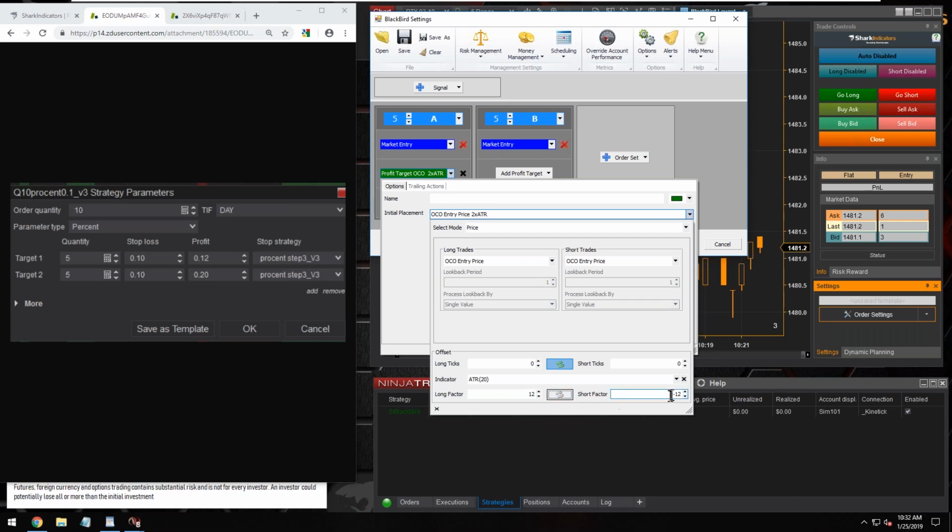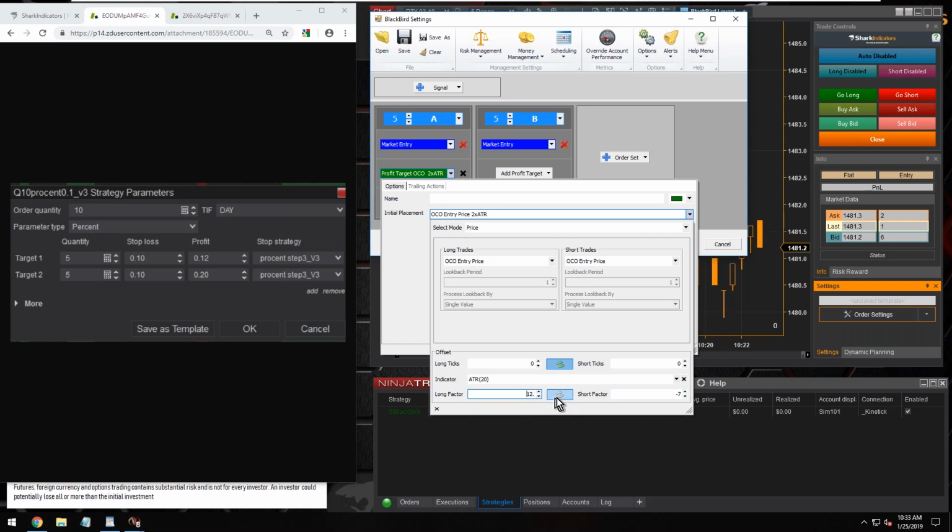You can see it's off, and now I could lessen the short profit target. I could set it to whatever, 7 ATR. So on long trades, the profit target would use a 12 ATR, and on a short trade, it'd be using a 7 ATR. So you take smaller profit targets on a short trade. So that is an option there for you.